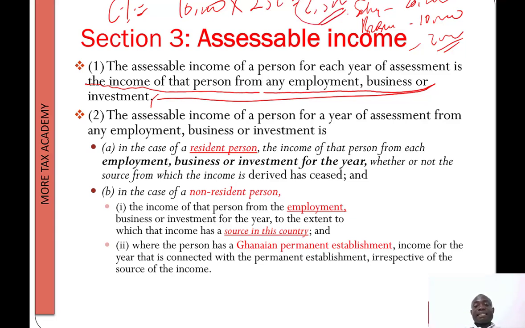This becomes the tax liability that you are going to pay. So to get a chargeable income, it is the assessable income, take all expenses that are allowed, then you get your chargeable income. But to get the assessable income, we look at your employment, your business, and the investment.